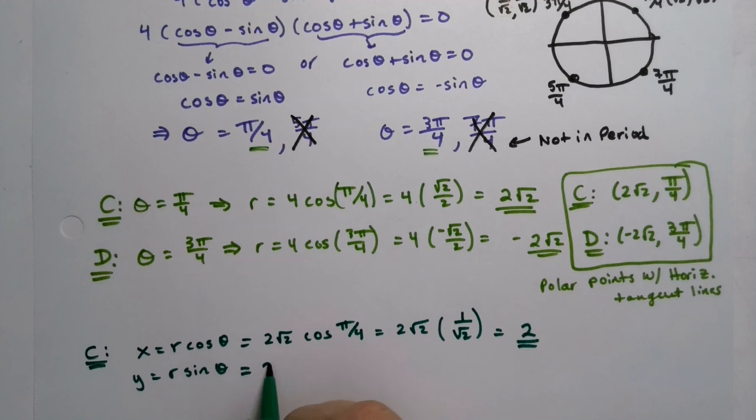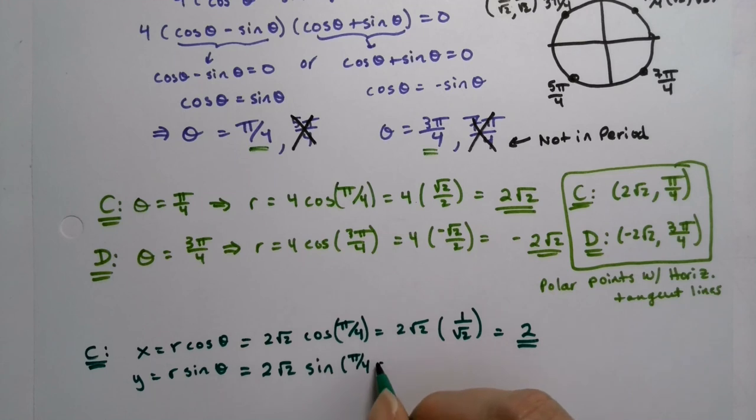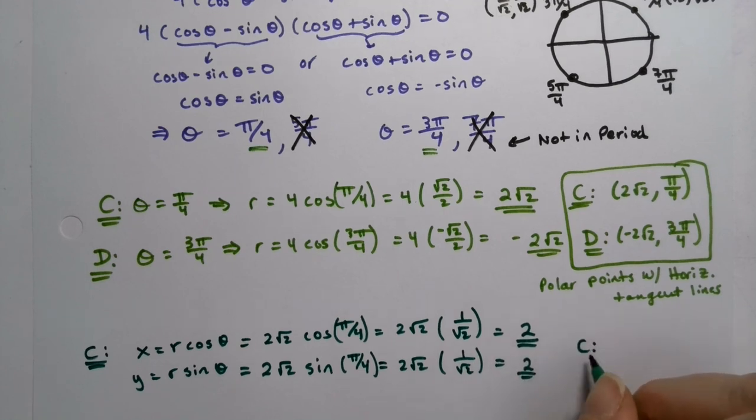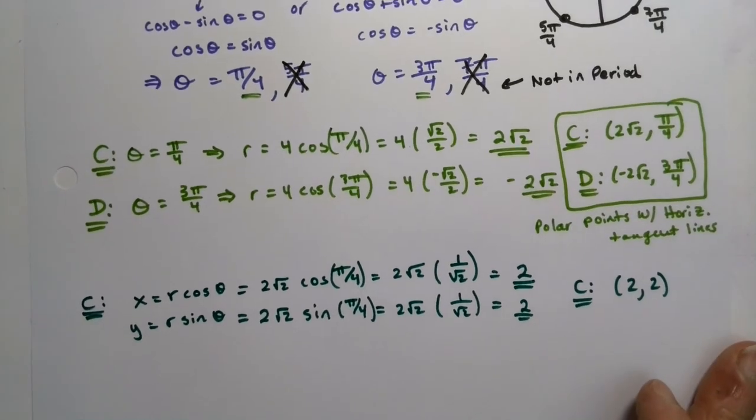And then y will be 2 square root of 2 sine of pi over 4, which is 2 square root of 2 times 1 over the square root of 2, which is also 2. So C is 2 comma 2 in rectangular form.